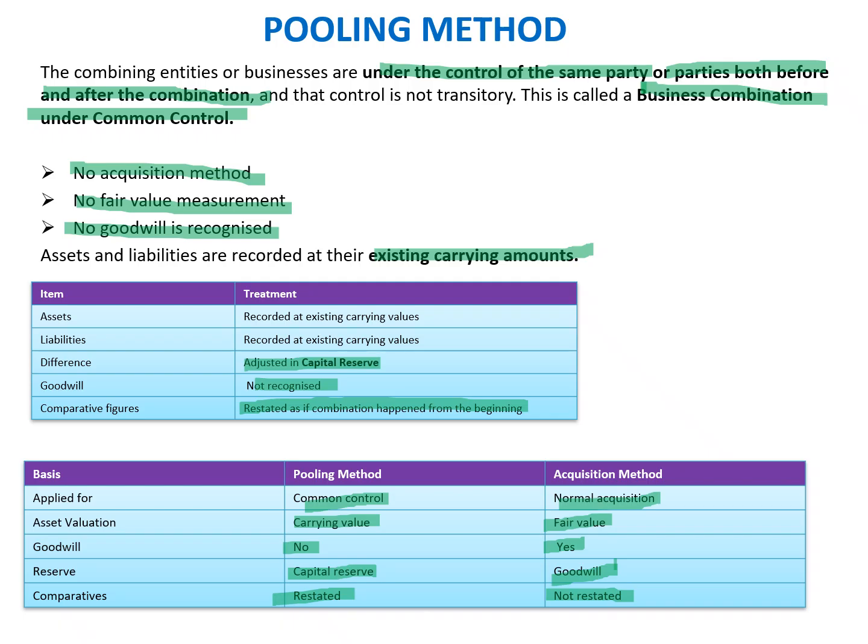It's just a combination of two entities which had a common parent, and hence it requires comparative figures, because whenever we are reporting at the consolidated level at the parent level, it needs to have the comparatives for the previous years as well. So this is a quick update on the pooling method and how it is differentiated from the acquisition method. We'll move to the next slide then.